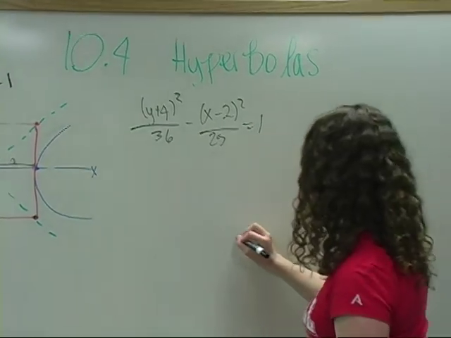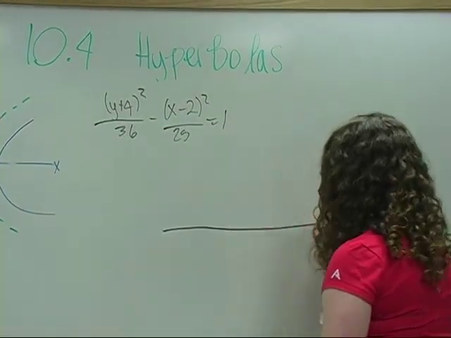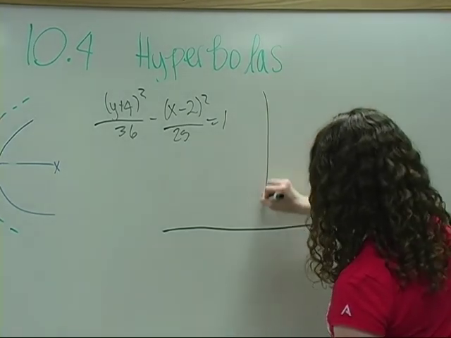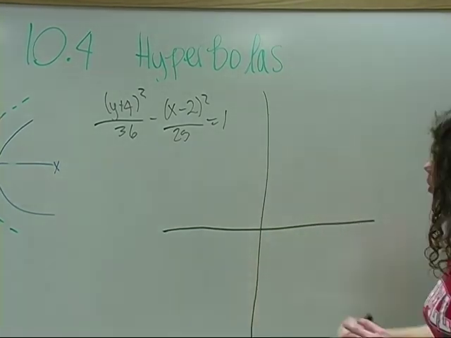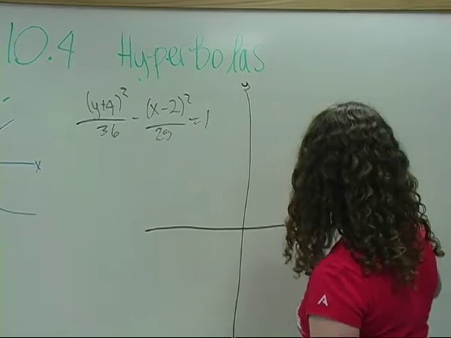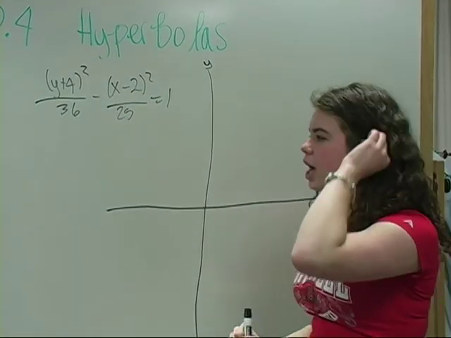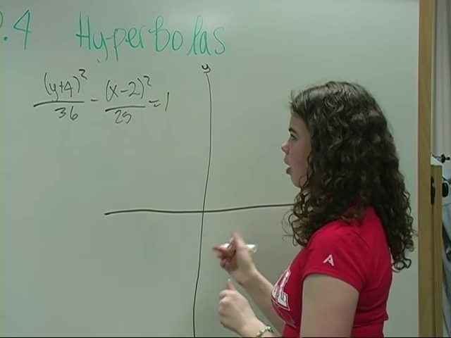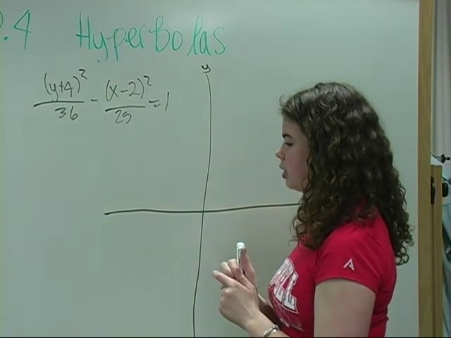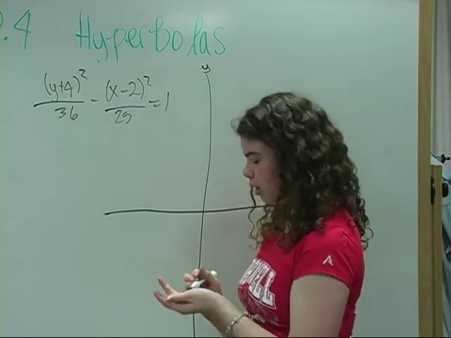So on our graph, we know that it's mostly going to be vertical. Okay, let's make our box. So our box, we need to have a starting point of 2, negative 4.